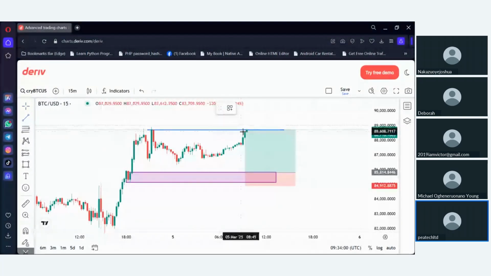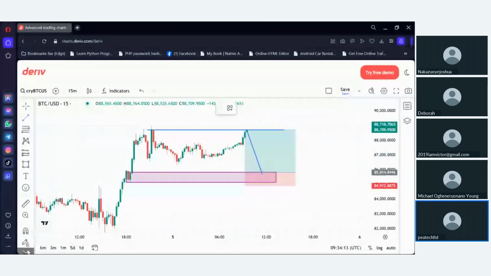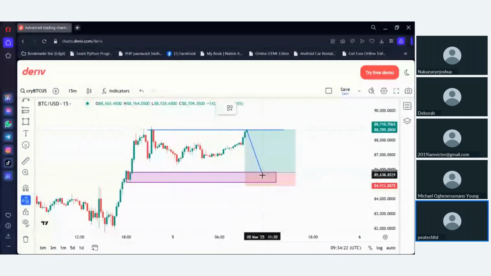like this to this point, right? Activate our trade. So we want it to activate the trade like this and maybe give us some move like this.